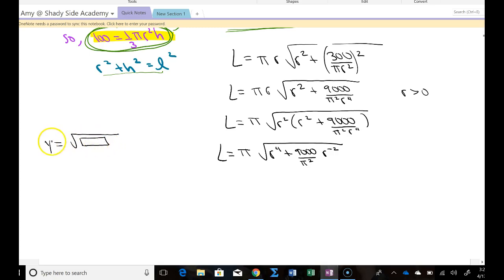In other words, if I'm trying to find when y will be as small as possible, won't that occur when the square root of box, when box is as small as possible, right? If box is as small as possible, then certainly the square root of it will be as small as possible, and y will be as small as possible. So really, I'm going to make a note to myself and say L will be minimized when the radicand is minimized.